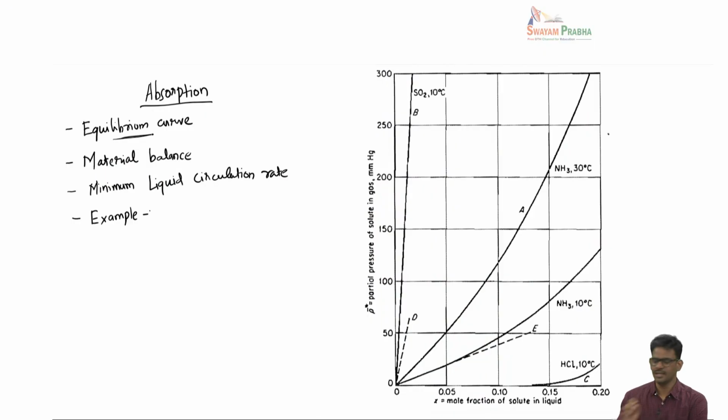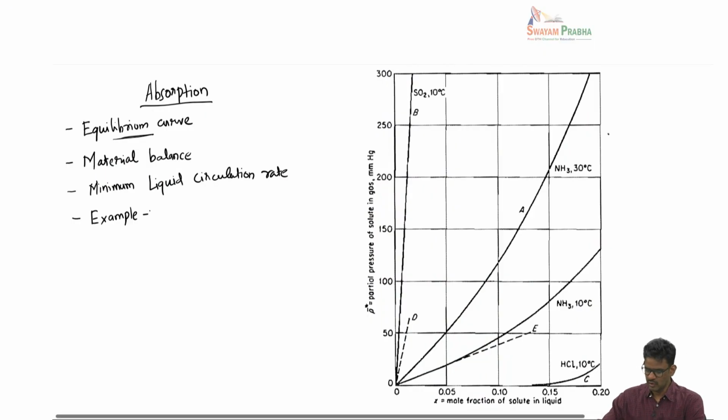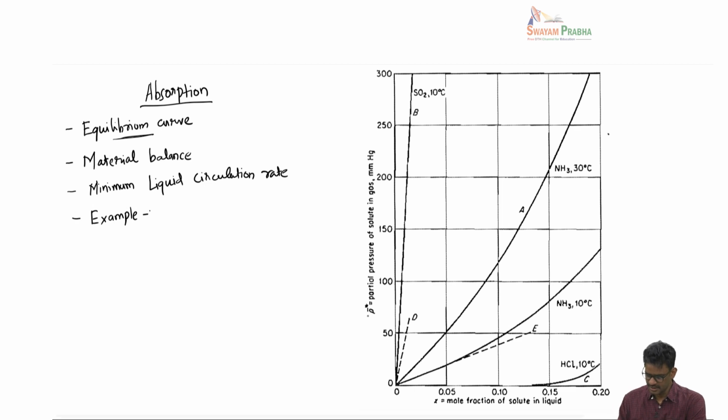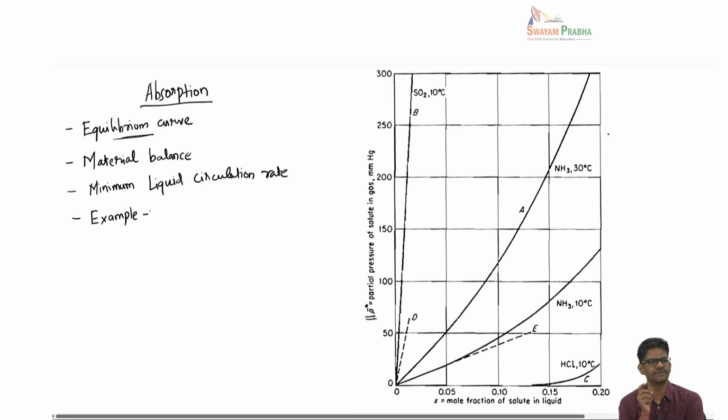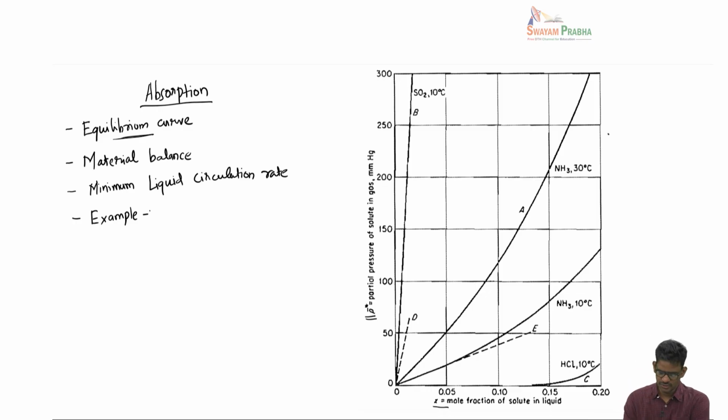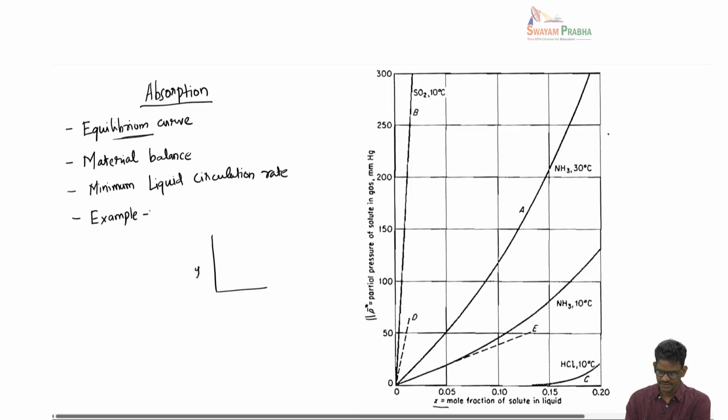And that solubility is what we call an equilibrium curve in the context of absorption. So the solubility curve is plotted here. On the y-axis, the partial pressure of the solute in the gas phase is marked. On the x-axis, the mole fraction of the same solute but in the liquid phase is marked. So this is what we have been looking at as y versus x as an equilibrium curve in the previous classes.